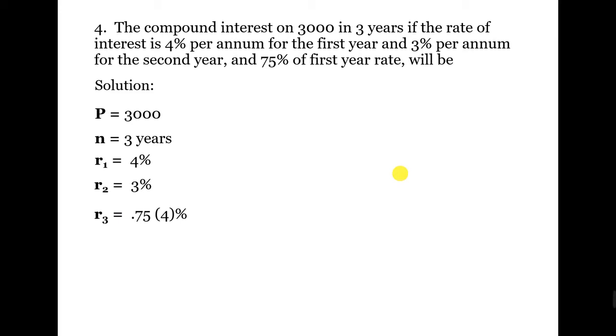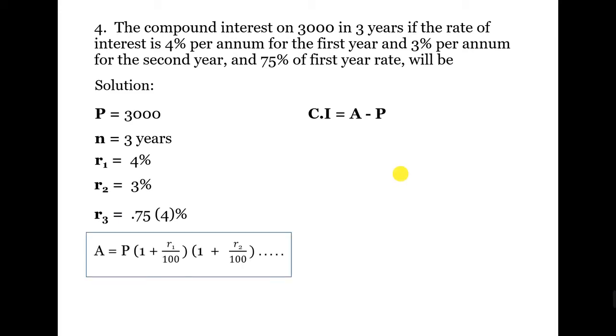So we're looking for the compound interest, which has a formula for the difference between the amount accumulated and the principal amount. We will first solve for the value of the amount accumulated by using the formula of rule number 3.